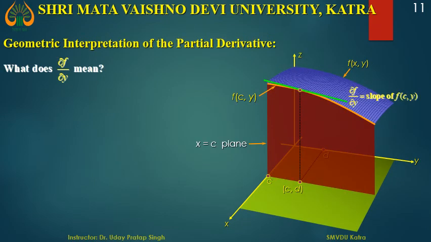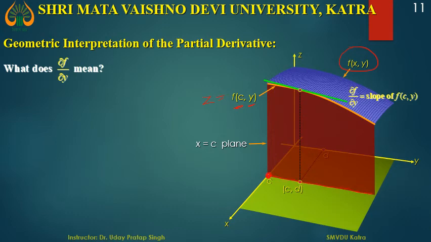Let us see, x is equal to c, x is fixed, and y is changing. Then this orange line gives z equal to f of c, y. Now, at any y, if x is equal to c, then y can be any point.